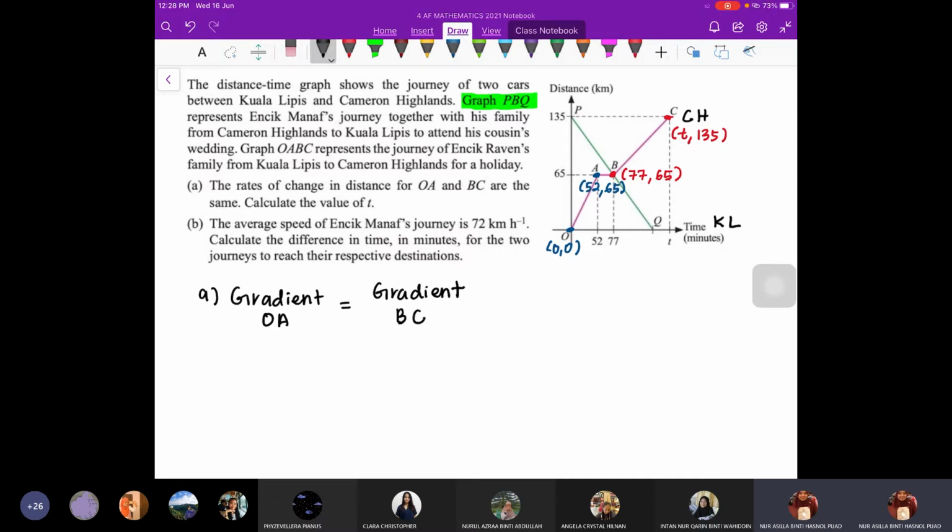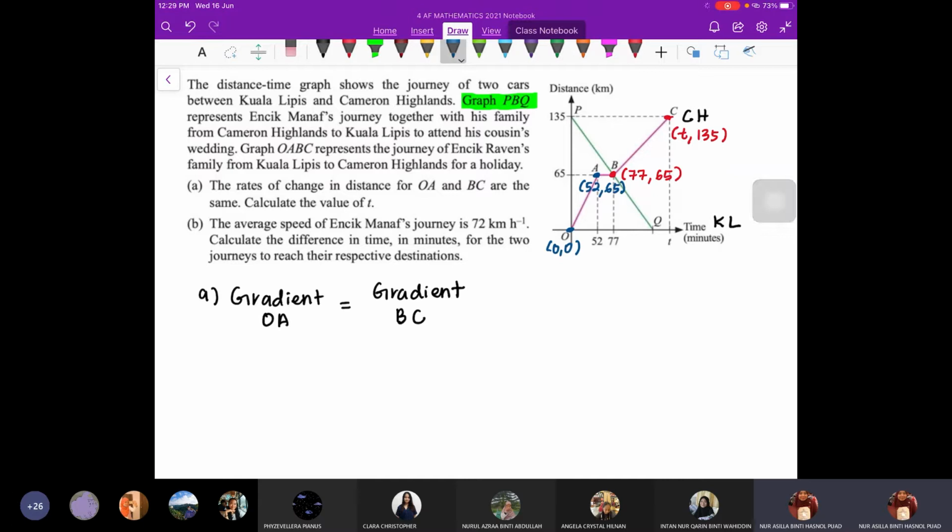So since dia guna rate of change in distance, make sure jangan kamu bagikan, what I mean is 0, 0 ni mesti x1, y1, A mesti x2, y2. Not the other way around. Okay. It must be in order. So B ni akan jadi x1, y1. C will be x2, y2. Okay. Baru masukkan dalam formula.